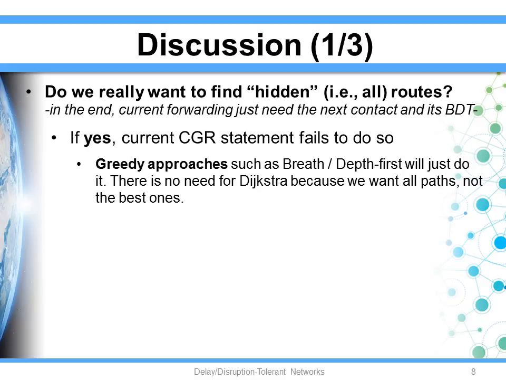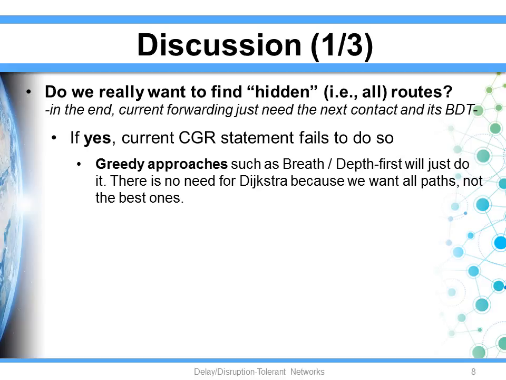However, if we do want to find all routes, then there is not really a need for Dijkstra. Dijkstra is an algorithm that's able to find the best route out of a graph, and if we want to find all of them, there is no need to find the best route. We need to find all routes, and eventually we can sort them by best delivery time, for instance.